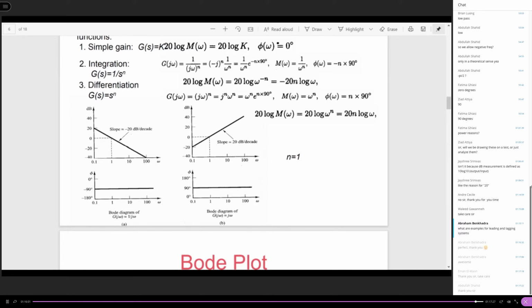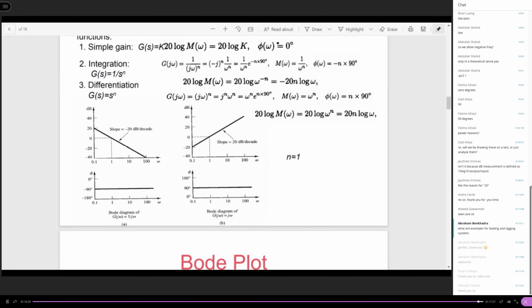Because of that, you can add a controller that should provide more phase lead or more phase lag. Do you see what I mean? This concept will be used for control design later. At this moment, you just need to remember what kind of system is phase lead and what kind is phase lag.